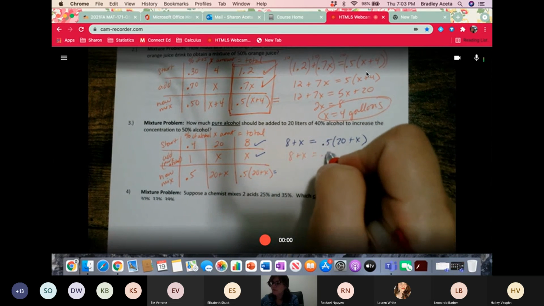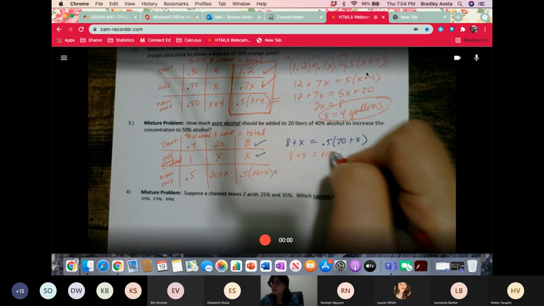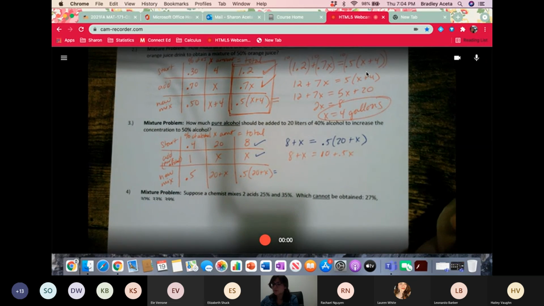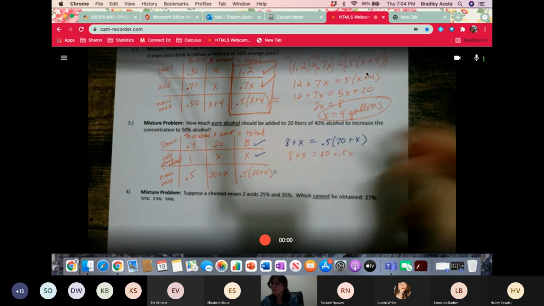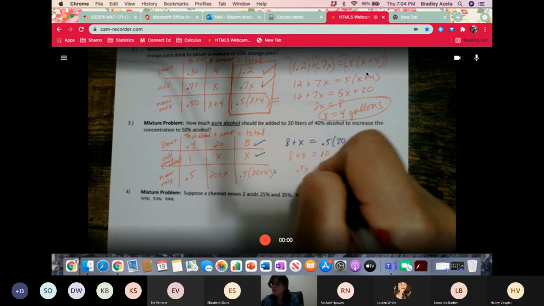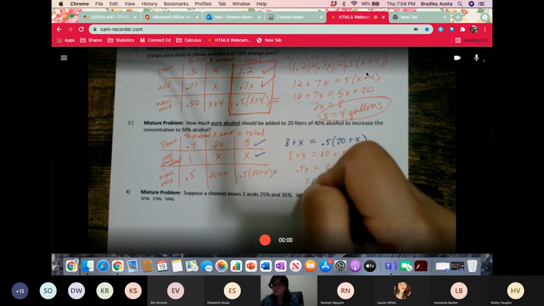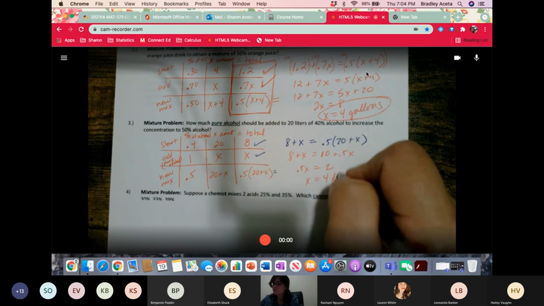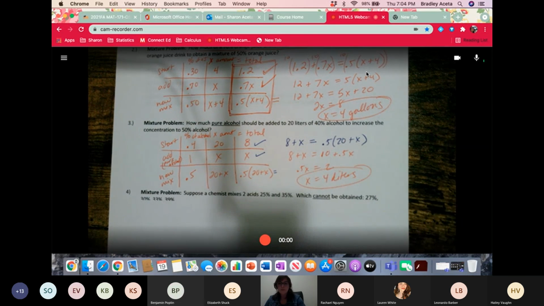So 8 plus x equals 10 plus 0.5x. And again, you can get rid of the decimal, but we're working with 0.5, so that's actually not terrible. 0.5x equals 2. X is 4 again. 4 liters. Okay.